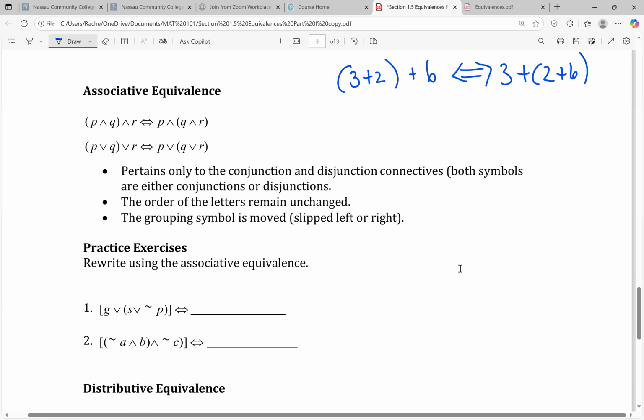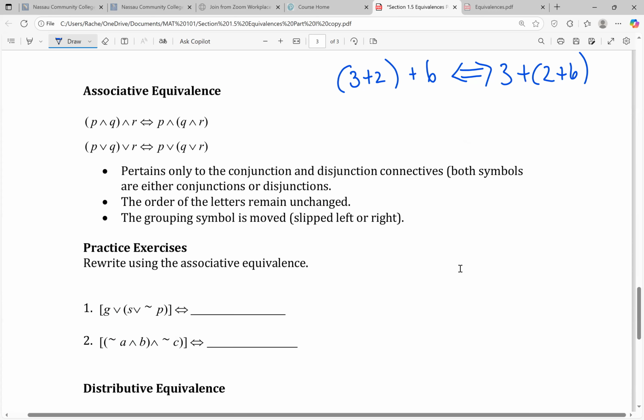You see how I changed the grouping. Instead of grouping the 3 plus 2, now I rewrote this as 3 plus, and then I grouped the 2 plus 6. But either way, they're still going to add up to the same thing, right? The result is still 11. So it doesn't matter how we group, right? It's still going to add up to the same outcome.